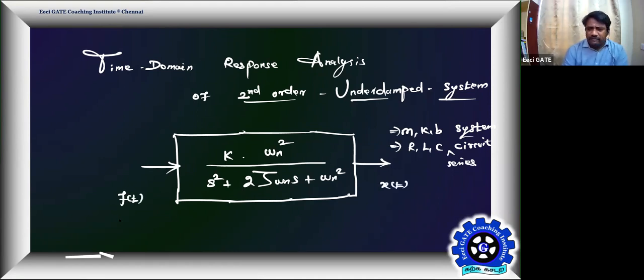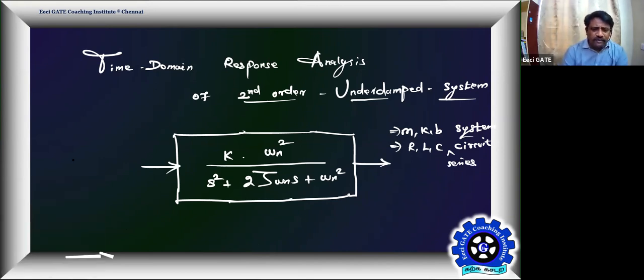If it is an RLC circuit, the input is a voltage V in of t and the output is V naught of t. Accordingly, depending on the system, you get your omega n, your K and your damping, influenced by your system parameters. If it is MKB, omega n and zeta are influenced by m, k and b. If it is RLC, omega n, damping and K are influenced by the RLC parameters.